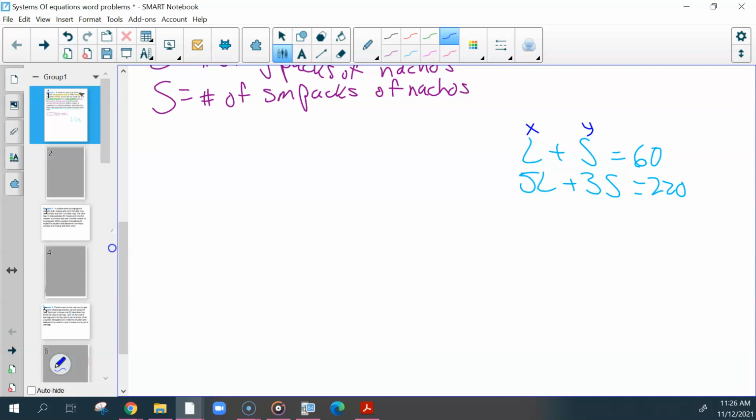We would need to convert both of these to slope-intercept form. I'm going to rewrite them first. So I would need to solve both of these equations, get it in y equals mx plus b. The first one would be y equals negative x plus 60. Just subtract x.